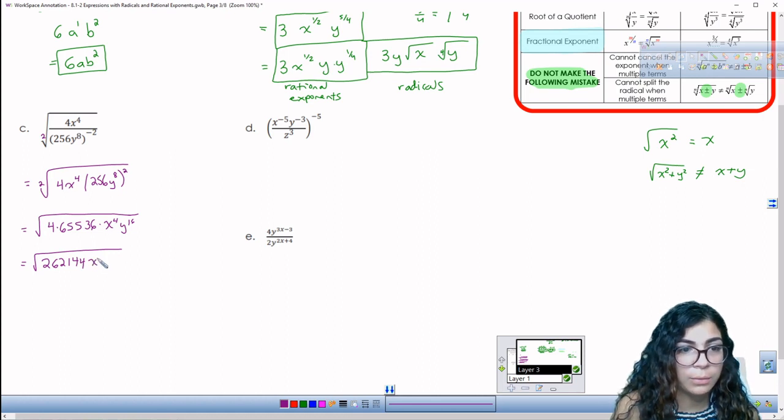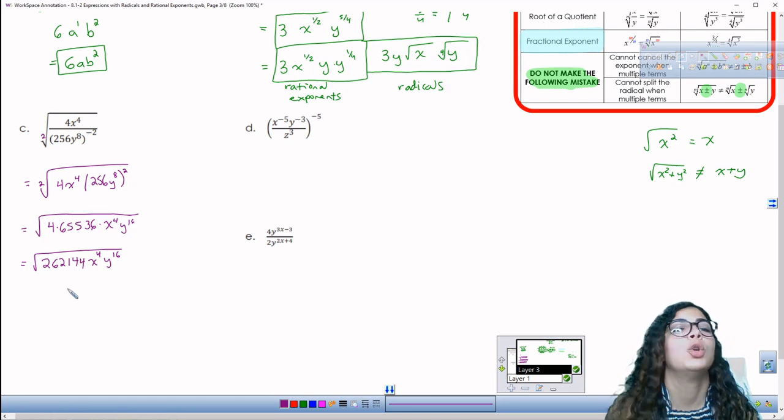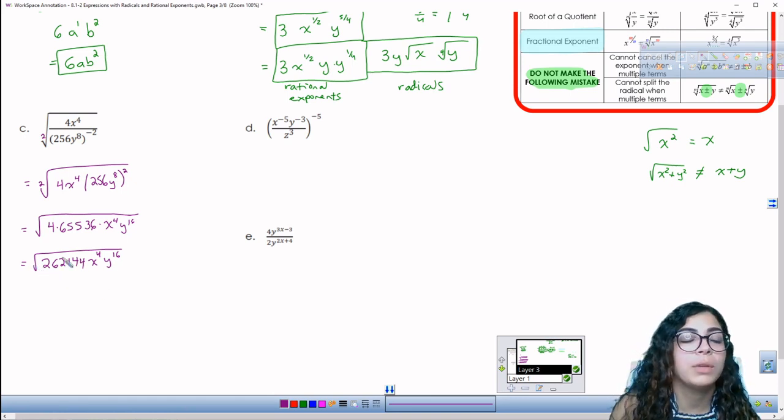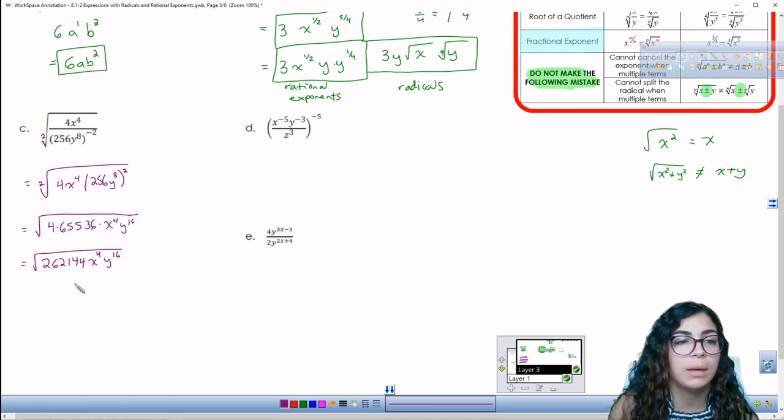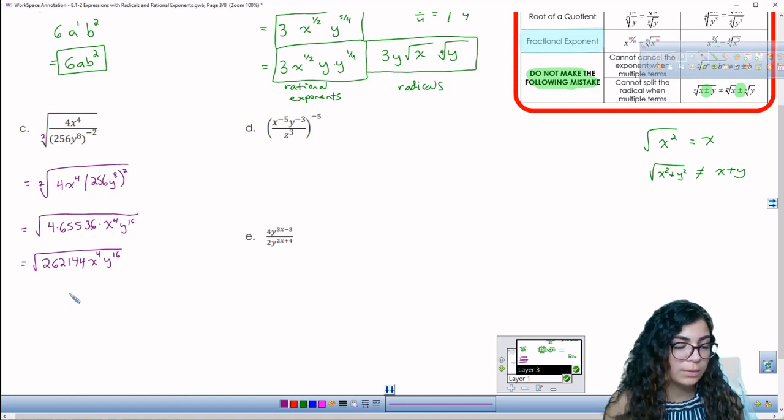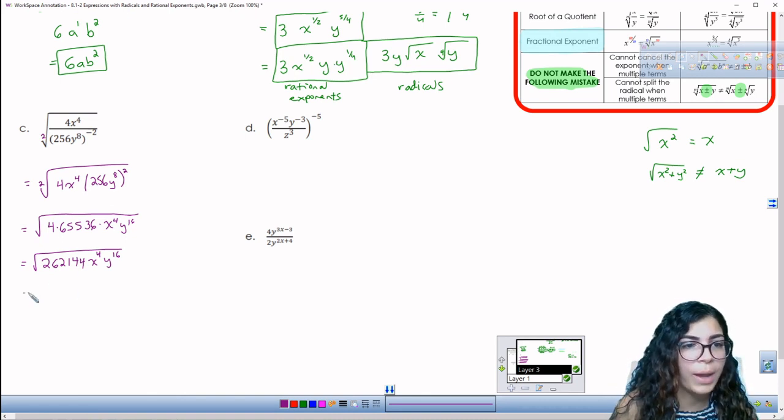And of course, x to the power of 4, y to the power of 16. So the square root of 262,144, I'm going to try and see if that is a perfect square. And it is. Wow. Okay. So the square root of this number is 512.